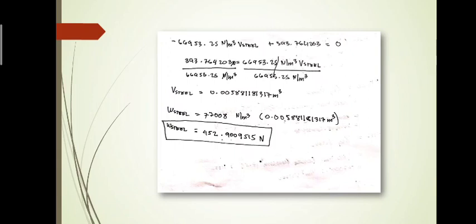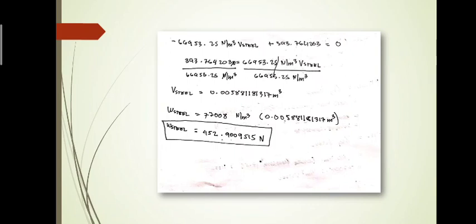Since we want only V steel to remain, divide both sides by 66,953.25 Newton per cubic meter. That cancels, and V steel remains.